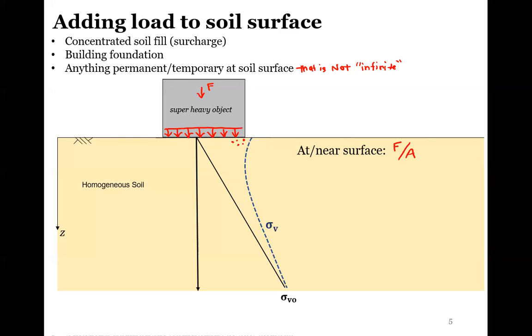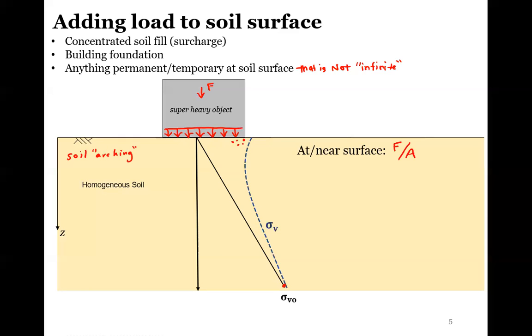Now, as we go deeper with depth, the soil actually distributes the load horizontally through a phenomenon called arching. And this actually dissipates the stress. So eventually, if you get to a certain depth, then you do not feel anything from that structure above you.